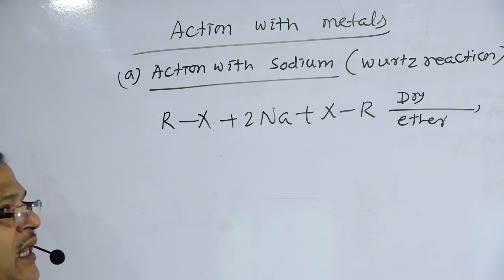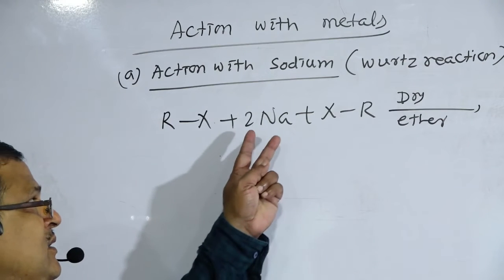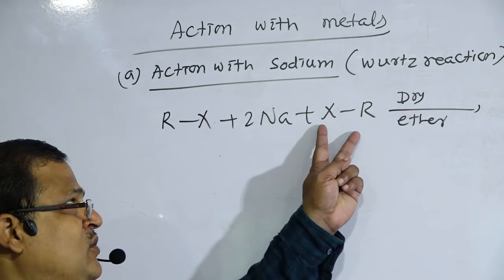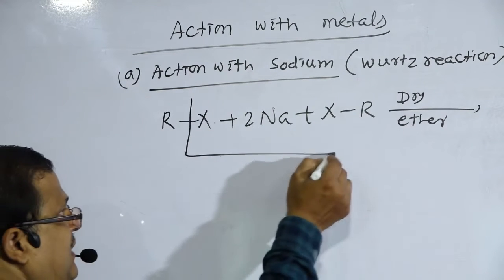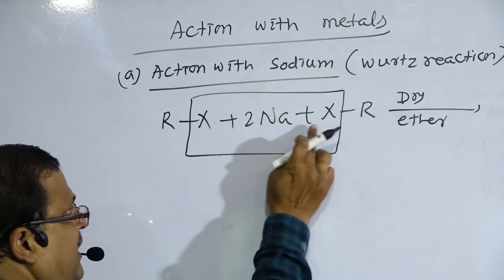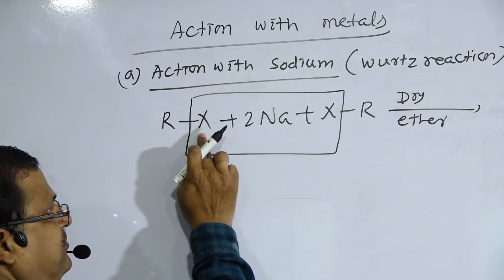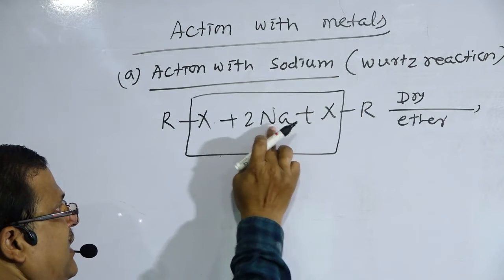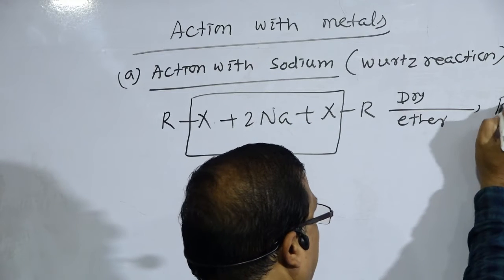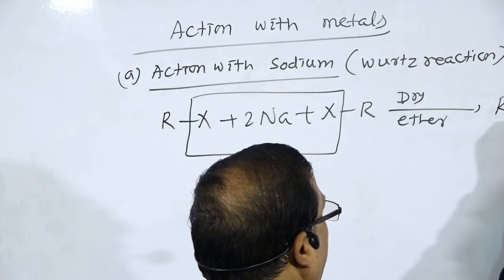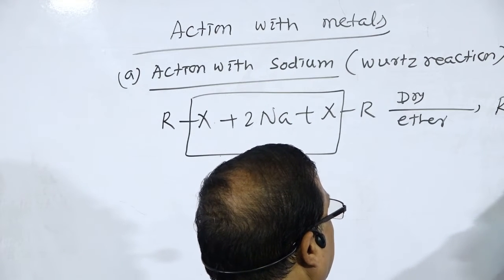The halide part is removed in the form of 2NaX, and R-R, the higher alkane, is formed, plus 2NaX.